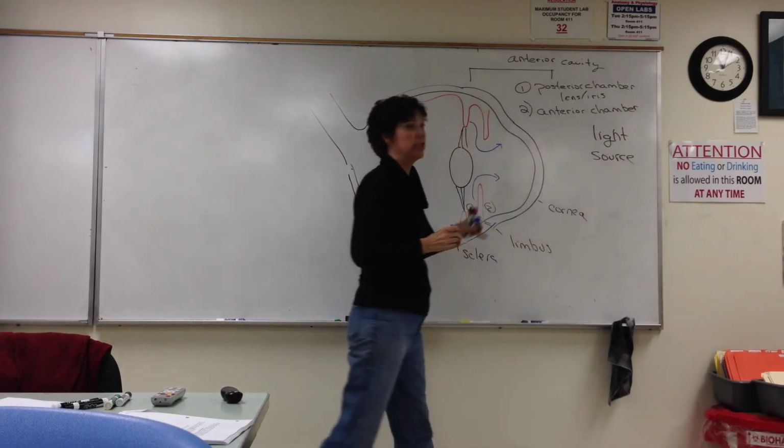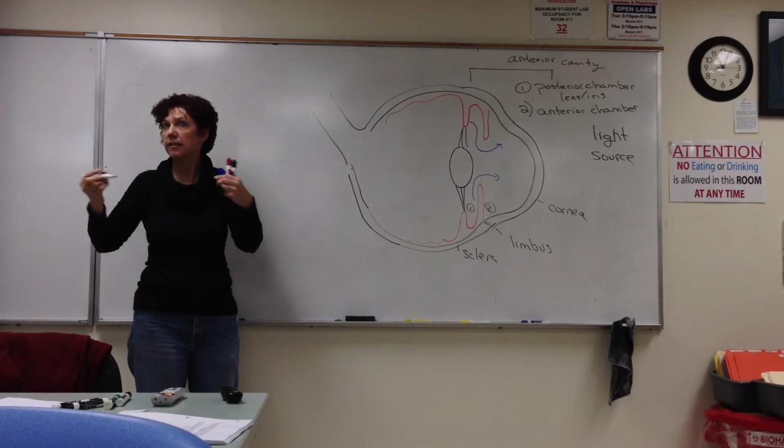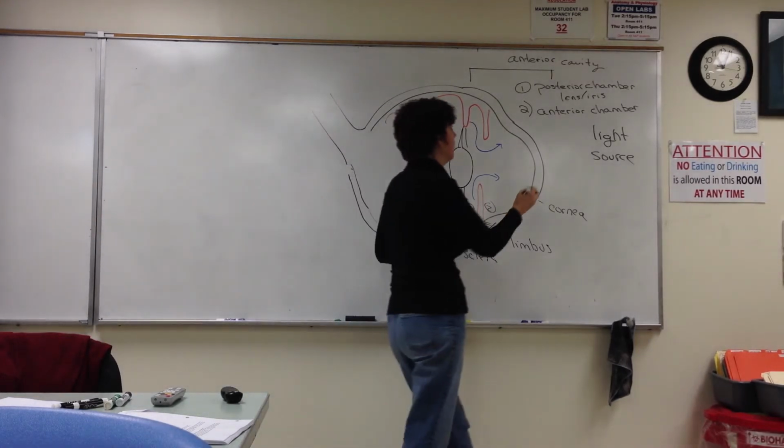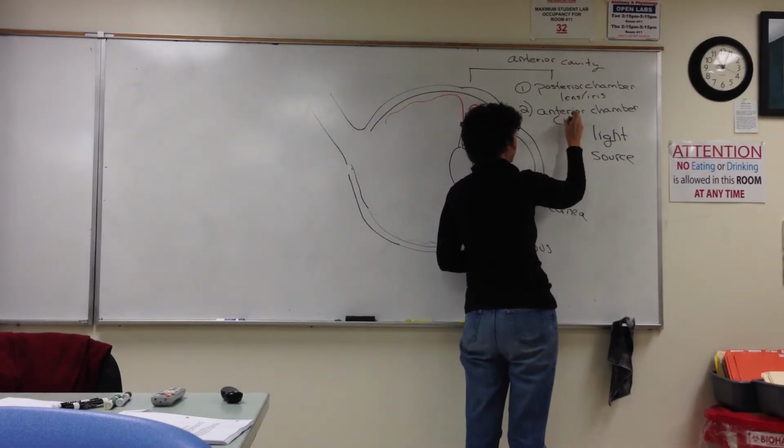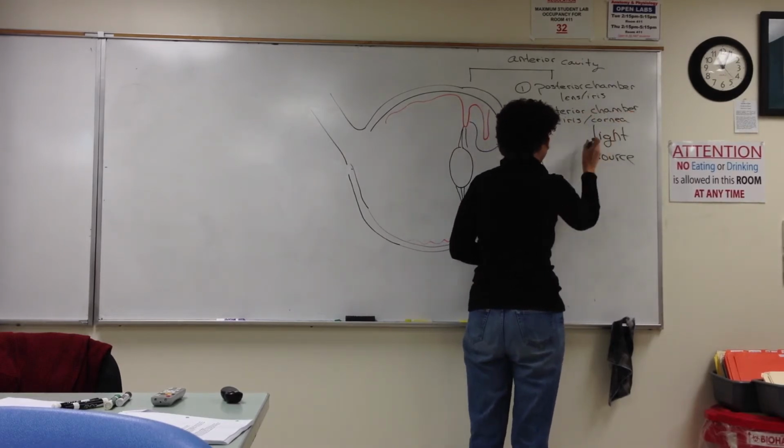So it is the oxygen content of the aqueous humor that's providing a lot of the oxygen and nutrients to the cornea. So this is between the iris and the cornea.